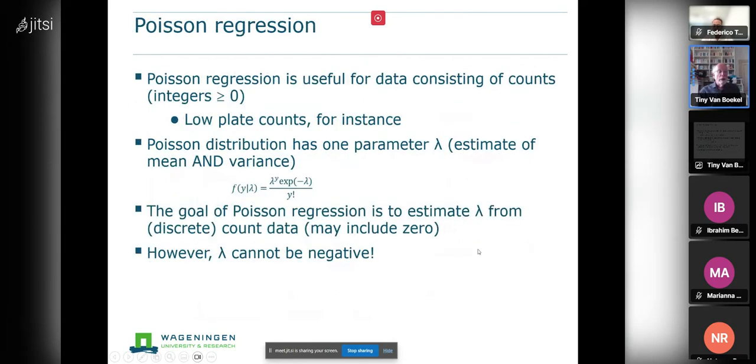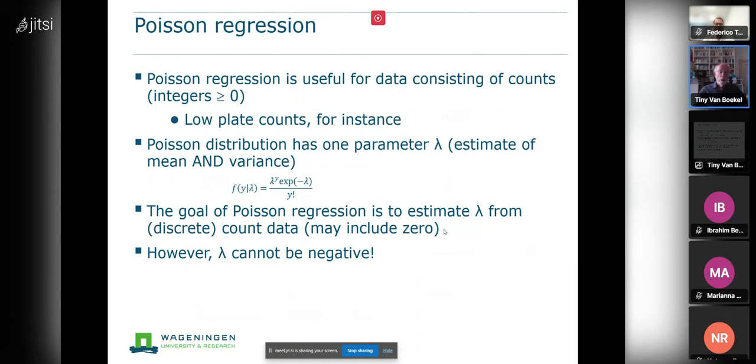Now I want to finish this part by telling you a little bit more about other likelihoods. In this case, I chose Poisson regression because that is useful for microbiology. As I also explained yesterday, in microbiology, you have counts, plate counts, and that means that you have integers that are always positive. And especially if you have low plate counts, that could be quite important.